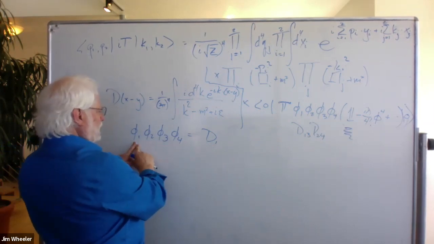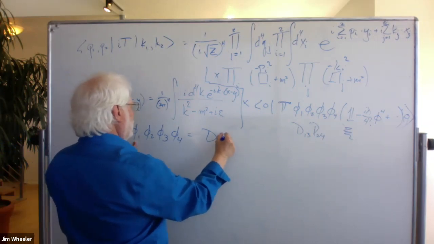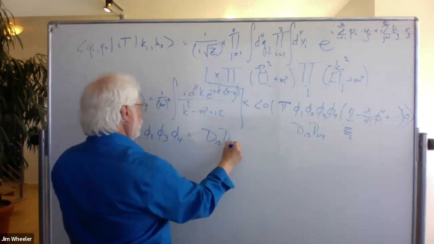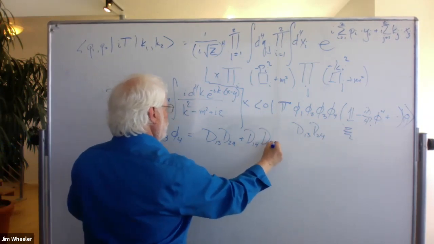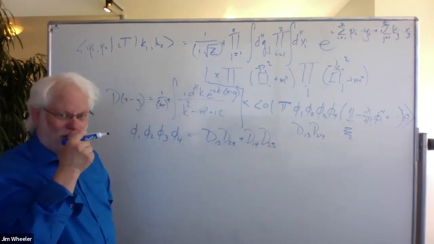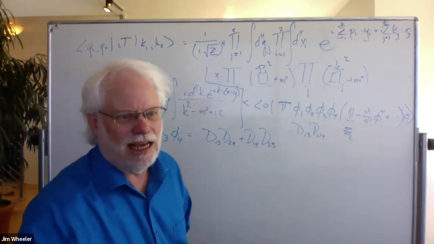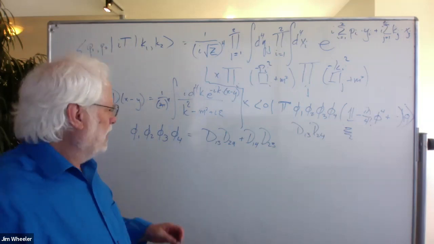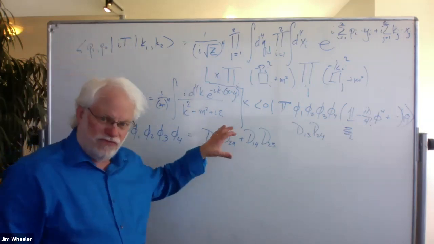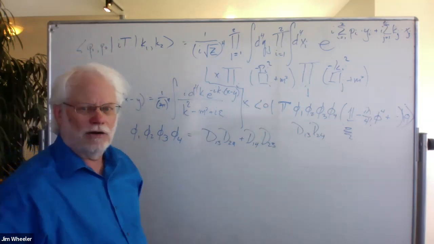So we don't have a D 1, 2. We have a D 1, 3 and a D 2, 4, and we have a D 1, 4, D 2, 3. Well, those are the diagrams I drew before, and we're not seeing any interaction yet. Okay, so we have 2 Feynman diagrams to evaluate here.